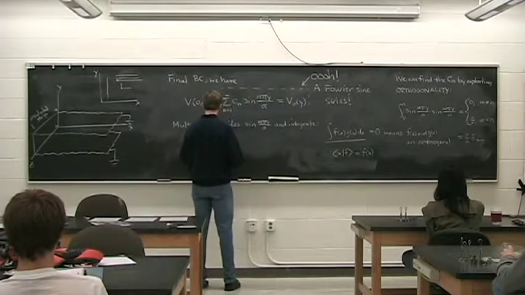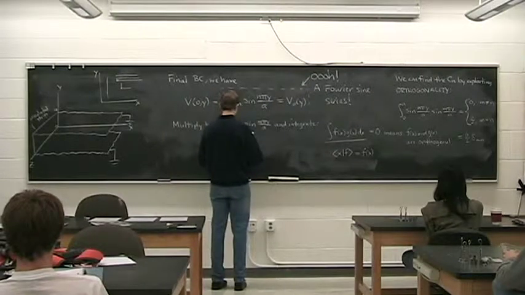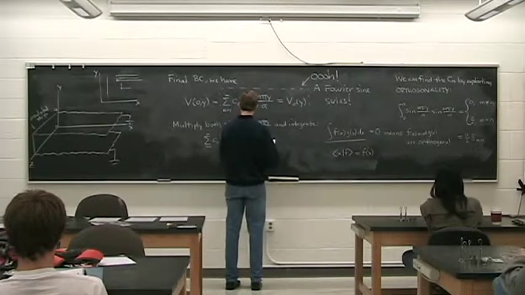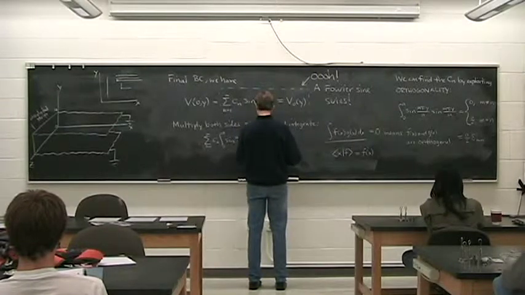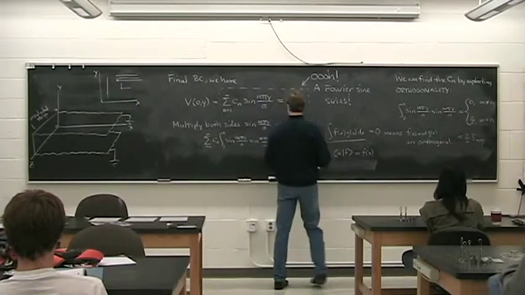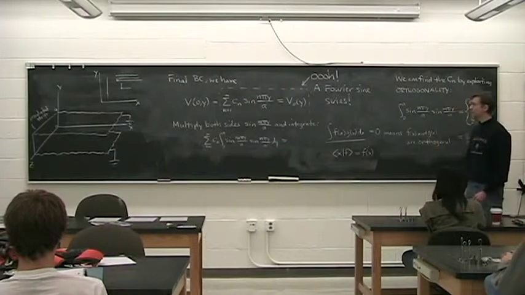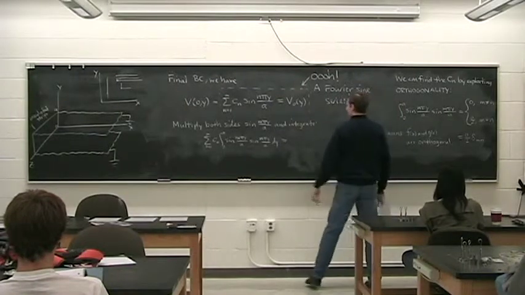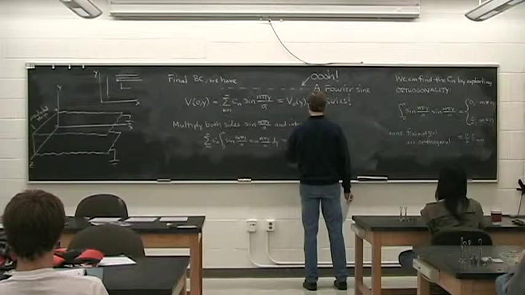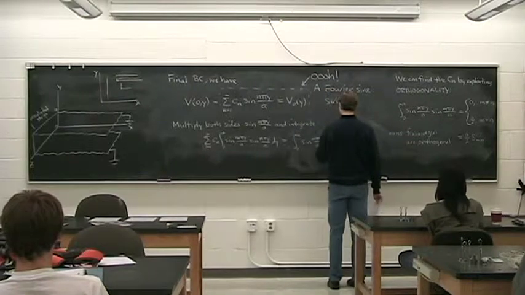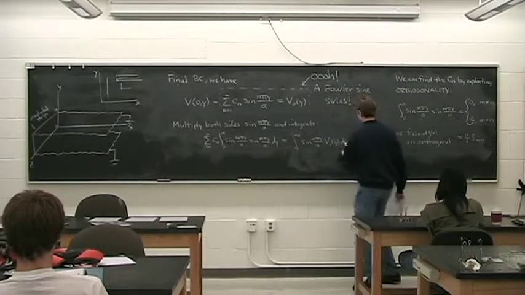So the sum from 1 to infinity of C_n times the integral from 0 to a of sine(m pi y over a) sine(n pi y over a) dy, that's the left-hand side, multiplied by sine(m pi y over a) and integrated, is equal to the same operation on the right-hand side, the integral from 0 to a of sine(m pi y over a) V naught of y dy.